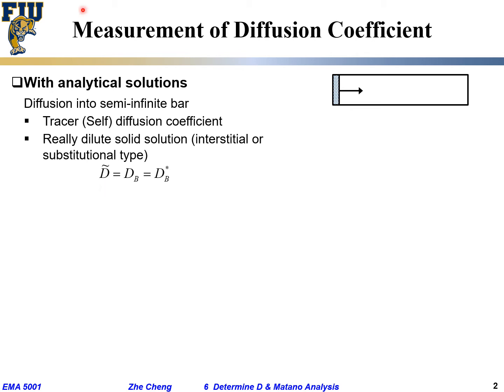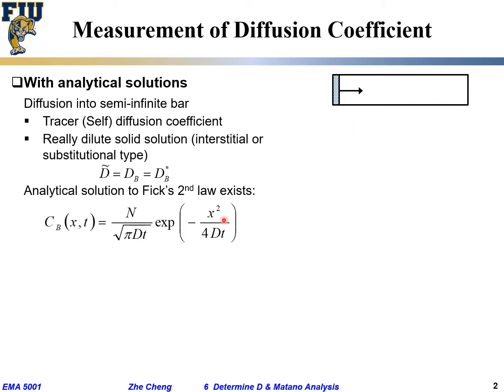Which is the same as your radioactive tracer. Whatever you measure from the radioactive tracer would give you the diffusion coefficient. Make sense?